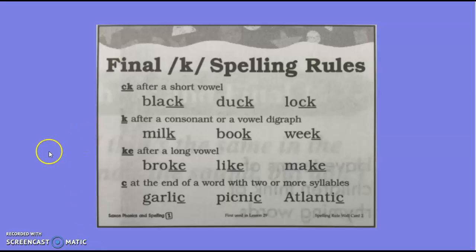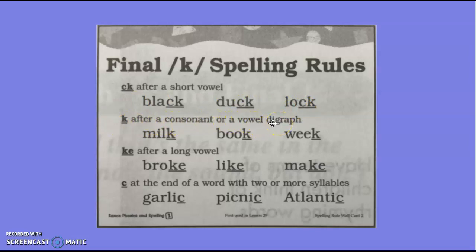Here is our rule card for when we use the K spelling. Use CK after a short vowel. Black, dack, lack. Use K after a consonant or a vowel digraph.